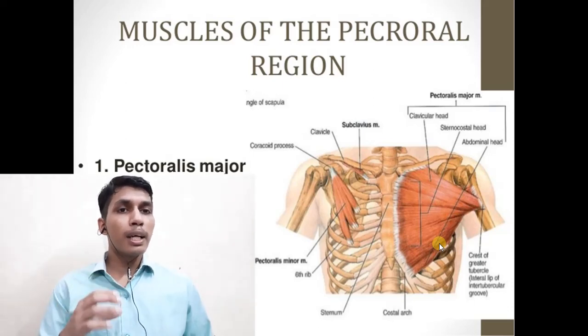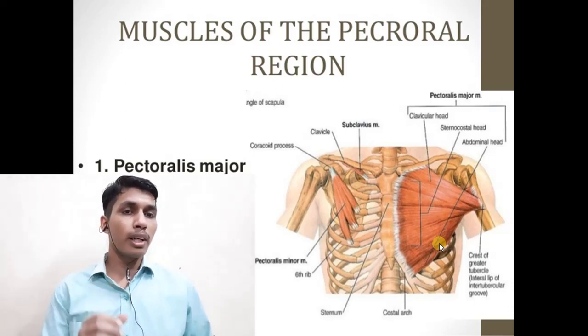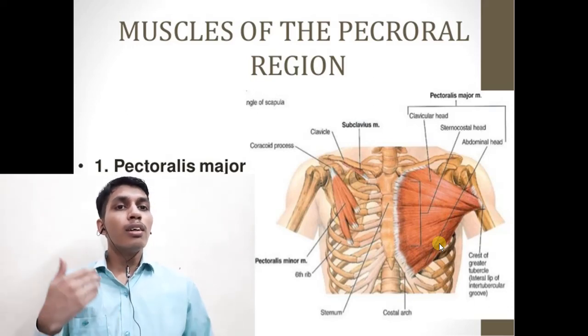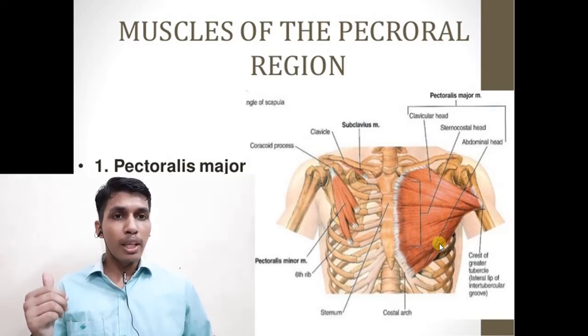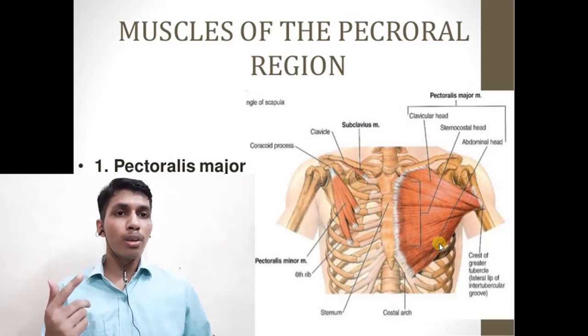Secondly, it is present at the superior part of the thorax. I have already dealt with the thorax. My video exists in the basic anatomy playlist named body cavity, and also a video on thorax is available in the thoracic anatomy playlist.